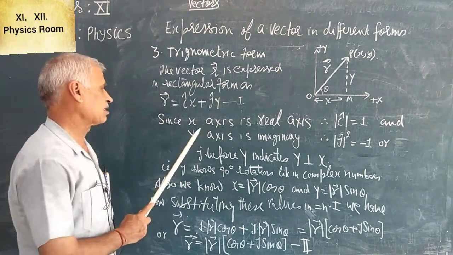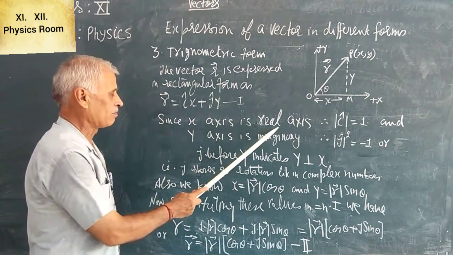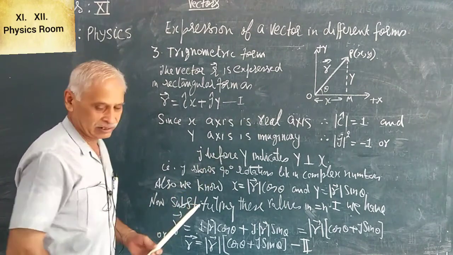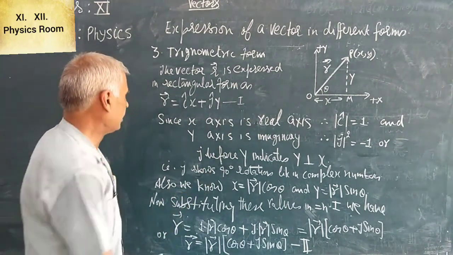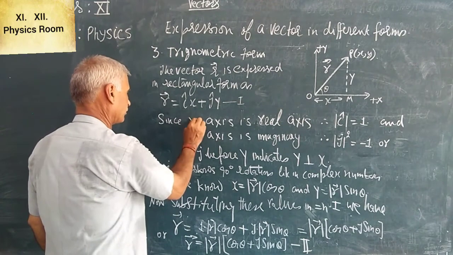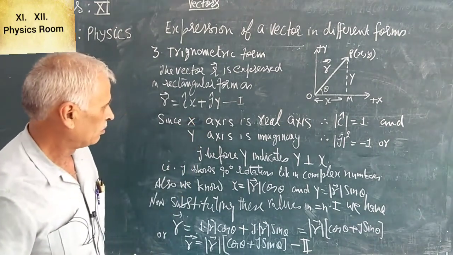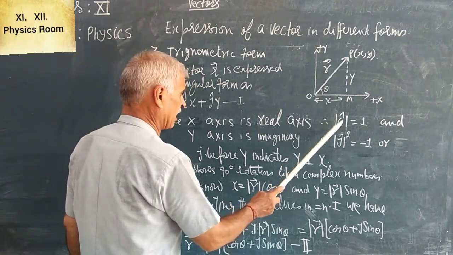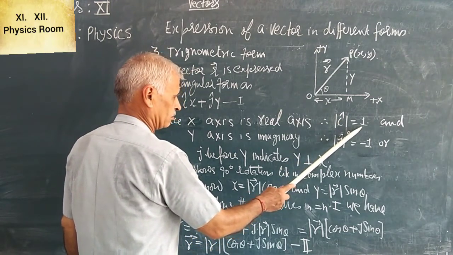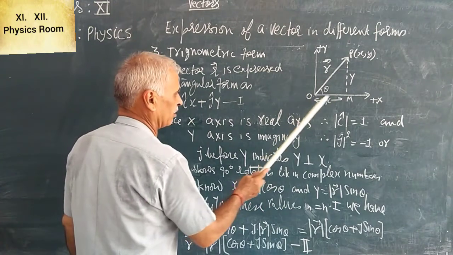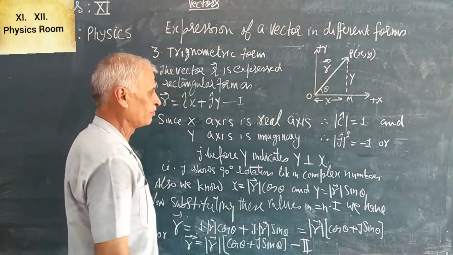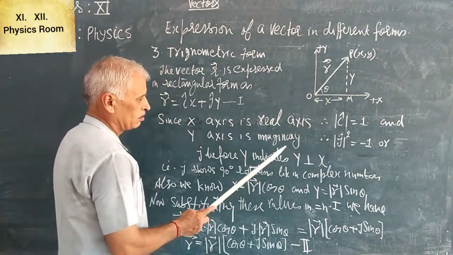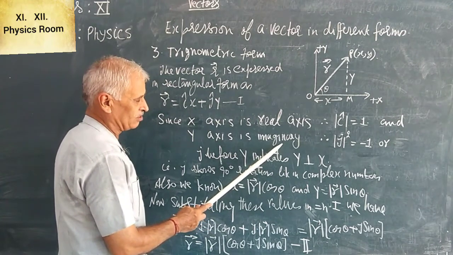Now since the x-axis is the real axis and the y-axis is the imaginary axis, mod i cap is 1, the unit vector along the real axis with magnitude 1. The y-axis is the imaginary axis.